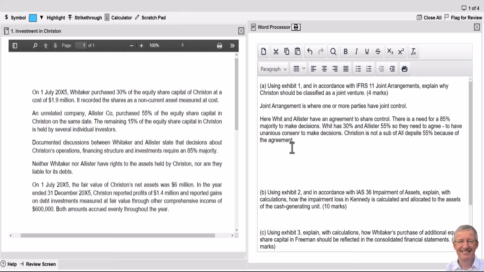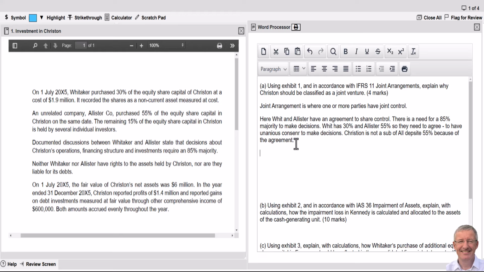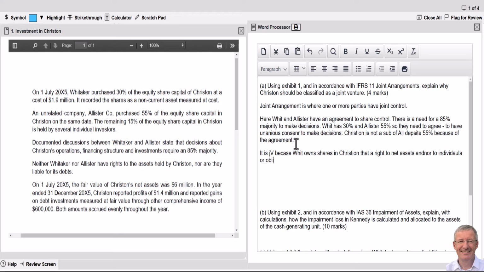I've said it's a joint arrangement. Now, it's a joint venture. It's correctly classified as a joint venture, because Whitaker owns shares in Christian, and that gives a right to the net assets and not to individual assets or obligations for individual liabilities.